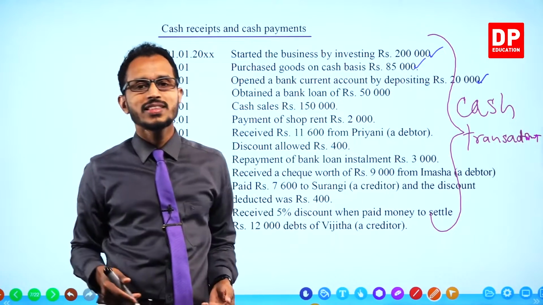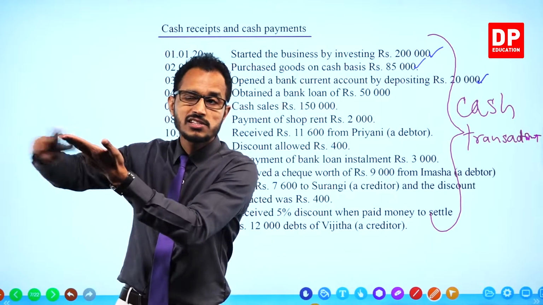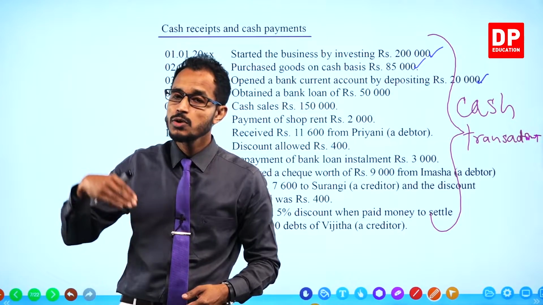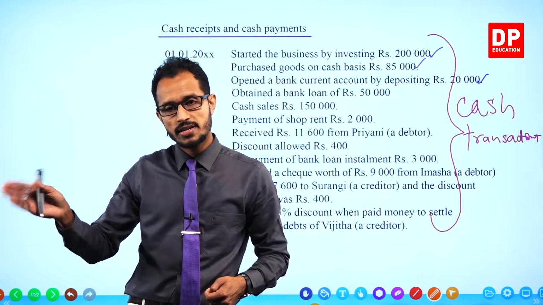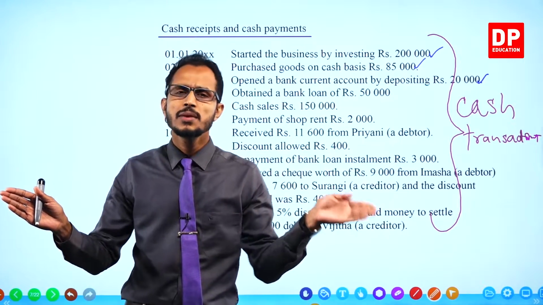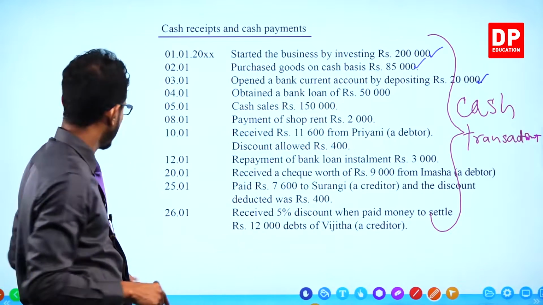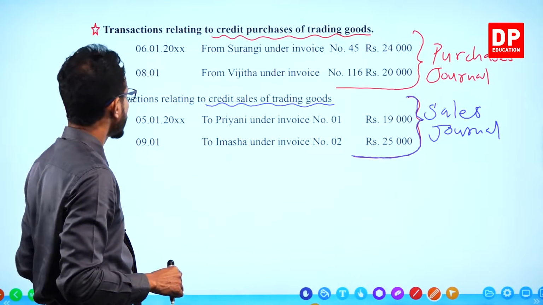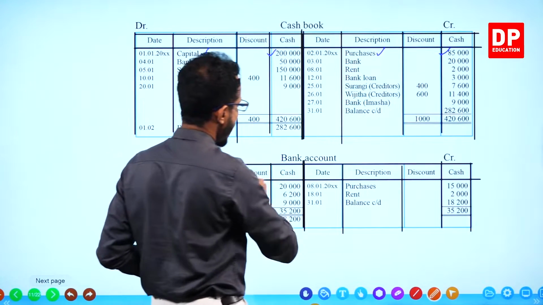Open a bank account with that 20,000. You didn't just spend the cash. You opened a current account, so money goes to the bank. A new bank account is opened for your business. Cash credit because cash goes out. Debit to bank, because it's a new account, the bank account.